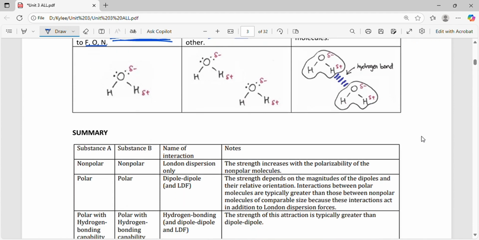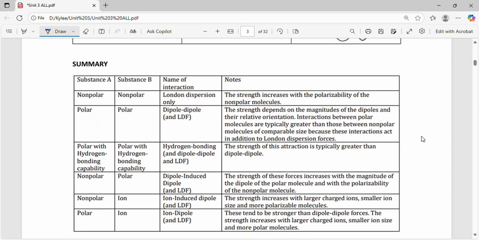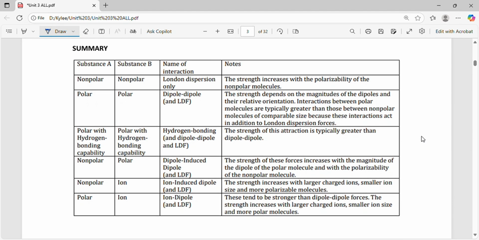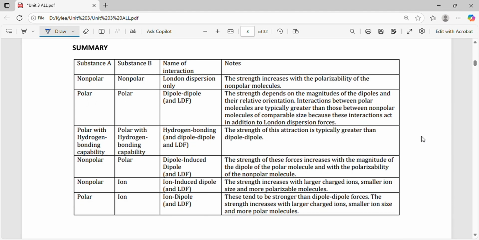So now we have a summary of the different types of attractions that we can notice between molecules. Remember, London dispersion happens for everything. So if you look at this chart, we always have LDF on all of them because everything experiences London dispersion forces.